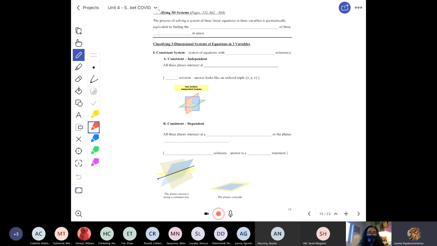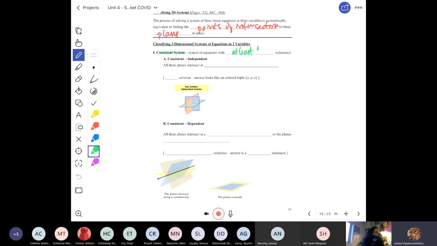So let's talk about the process of solving a system of 3 linear equations in 3 variables. So what is this equivalent to? This is equivalent to finding the points of intersection of the 3 planes. Now, remember, we use the term consistency if the system has at least one solution.